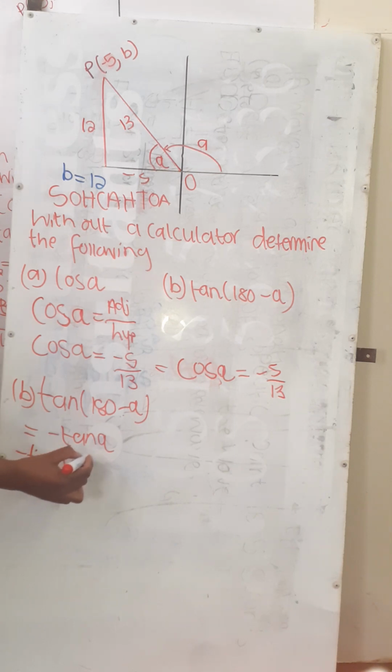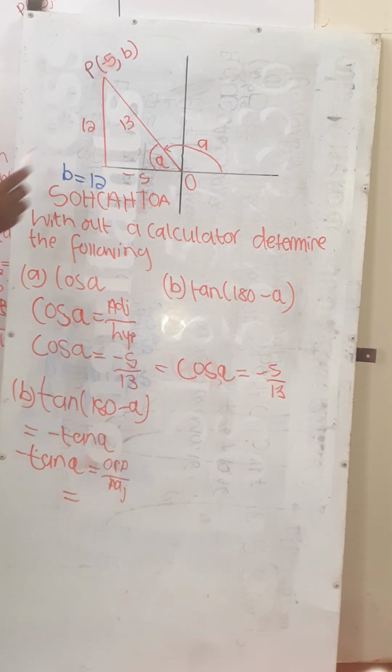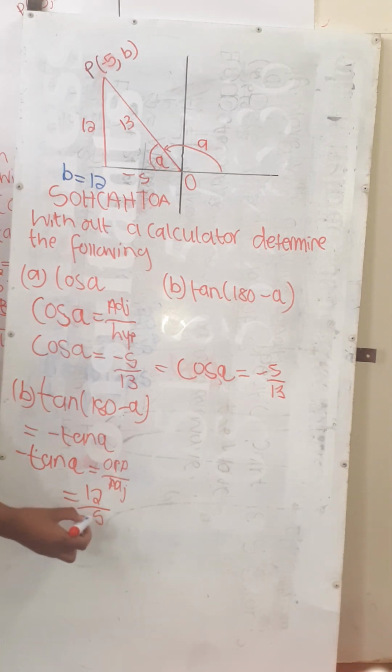Negative tan alpha equals negative opposite over adjacent, which when we look, the opposite side to alpha is 12, and the adjacent side is negative 5.